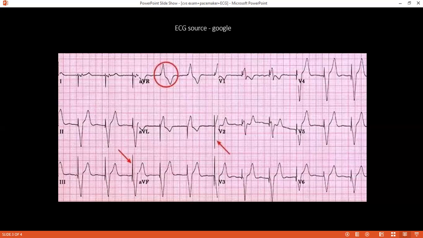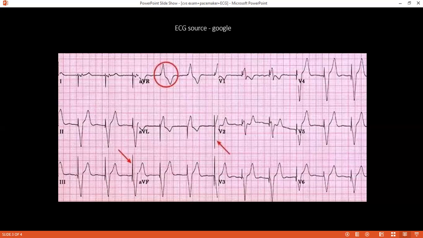Can you comment on it, please? It is decreased in this. I can't really make out the. Okay, we'll get back to that later.